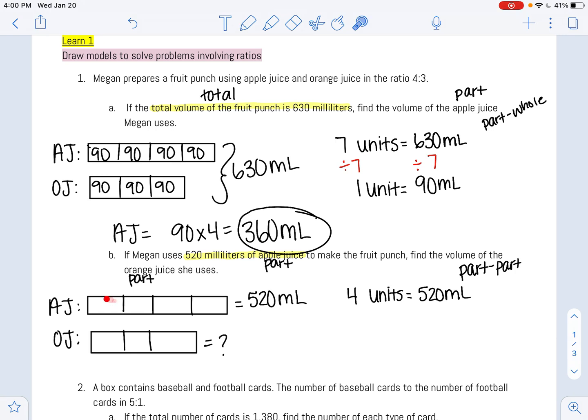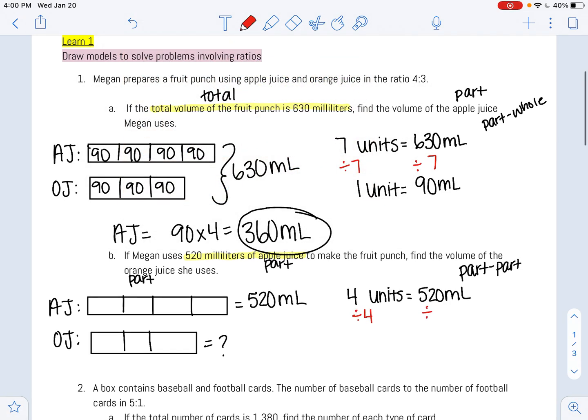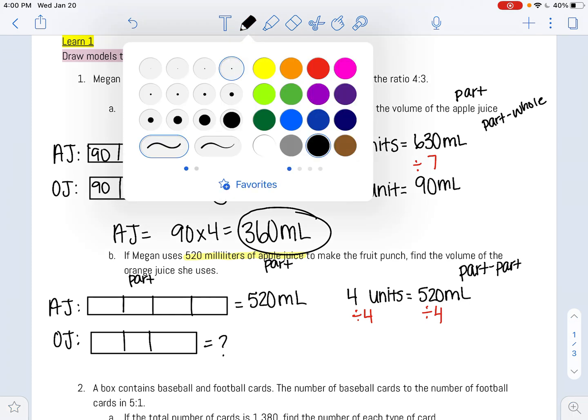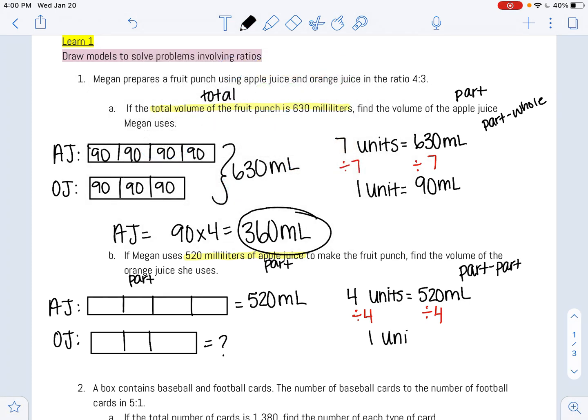I want to figure out what 1 unit's going to be so that I can find my orange juice, just like we did up here. So I'm going to divide by 4 on both sides to get 1 unit equal to 130 milliliters.